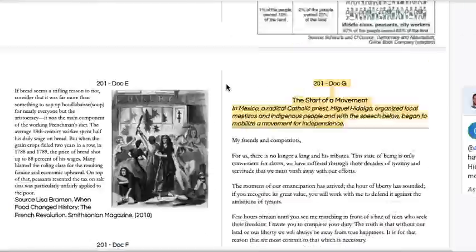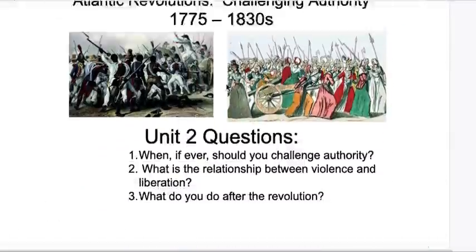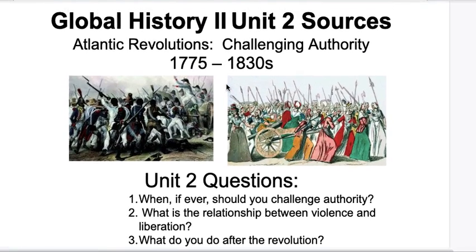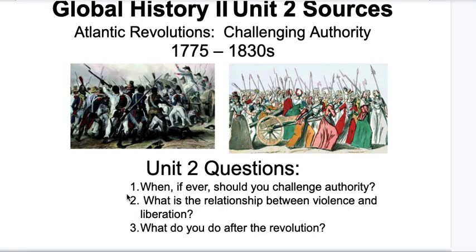So again, with that being said, you are doing your part 1 and part 2 choice board assignment. Part 1 is answering this question: when, if ever, should you challenge authority? So whichever one you choose, if you choose the map, if you choose the speech, if you choose the third one, which right now is slipping my mind, the revolutionary street art, or if you're doing number 2 or part 2, you're thinking about this question: what is the relationship between violence and liberation?